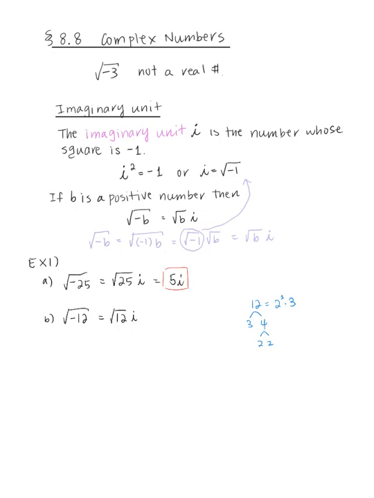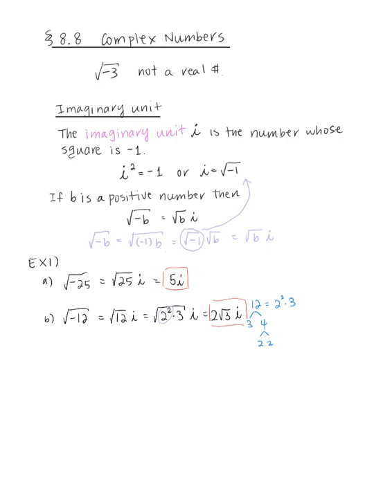So this becomes the square root of 2 squared times 3, and then i is outside of the radical. Since 2 squared is a perfect square, this becomes 2 square root of 3 times i. And that's going to be the answer.